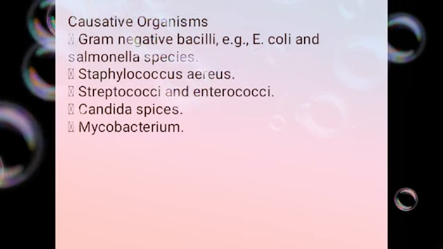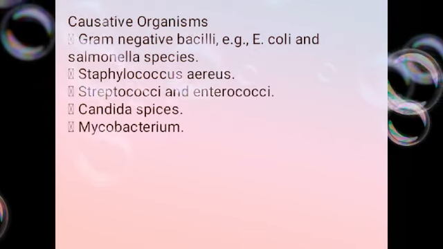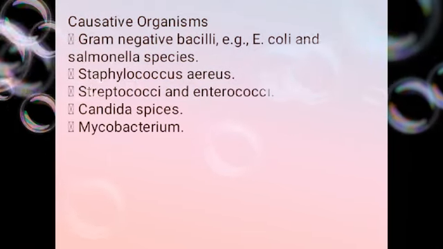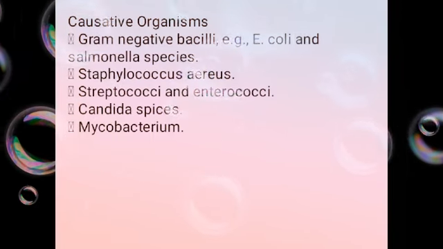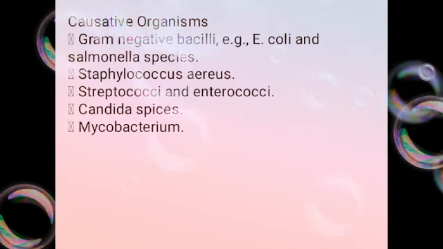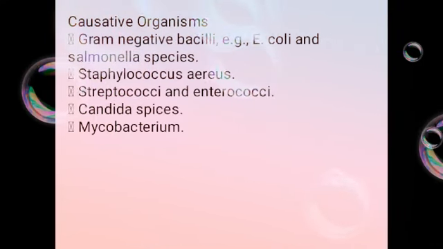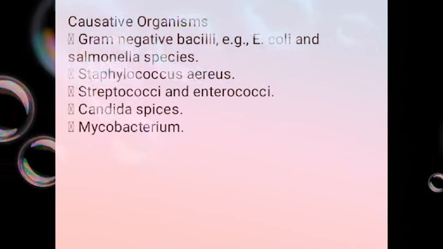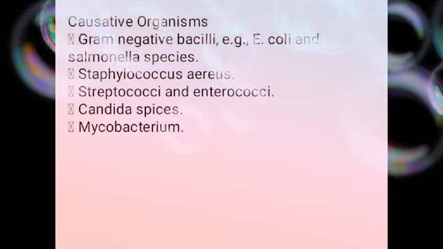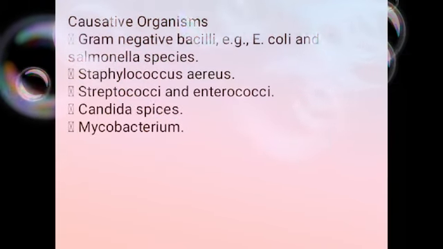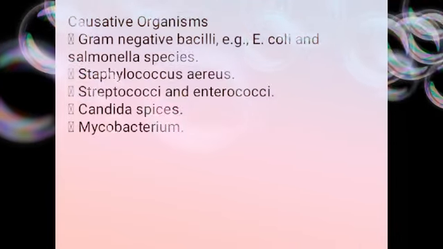Also the streptococci and enterococci, mostly these are pathogens that affect the respiratory tract. So as the infection advances, there are possibilities whereby distant cells are going to be affected. Remember, the respiratory tract rests on the diaphragm, which demarcates the thoracic cavity from the abdominal cavity.